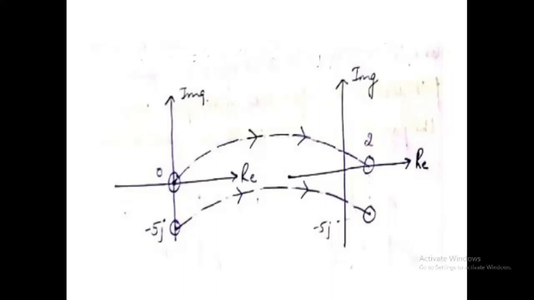That is, minus 1 plus j0 is taken as the critical point. For the closed loop transfer function, P(S) equals 1 plus G(S)H(S) equals 0, and the origin is taken as the critical point. Consider the characteristic equation of the closed loop system, that is, P(S) equals 1 plus G(S)H(S) equals 0.